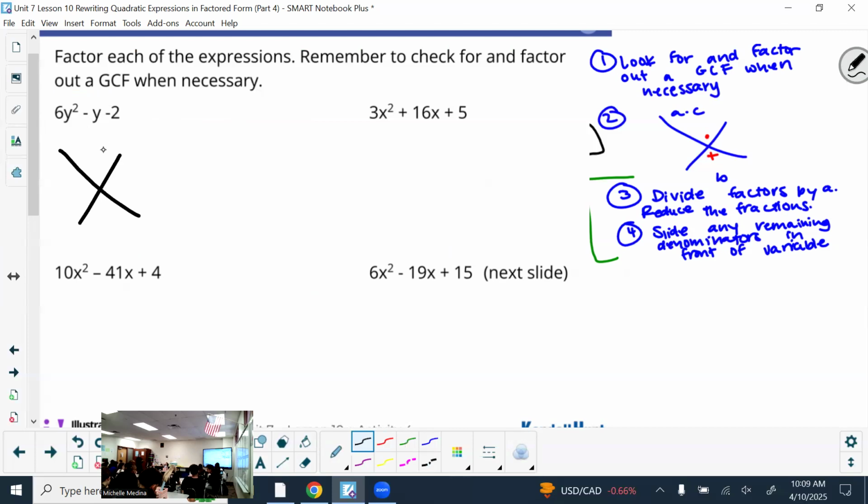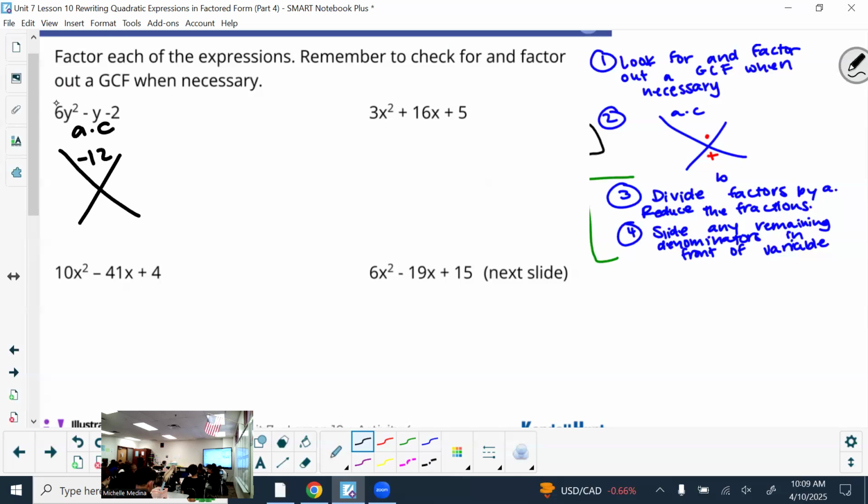A times C will go on the top. So table 1, what will be my A times C for this one? What did you say? -12.